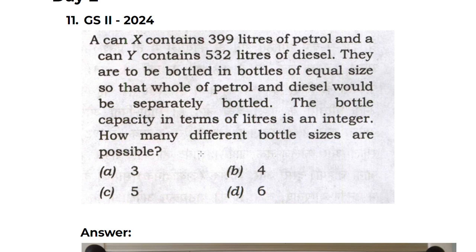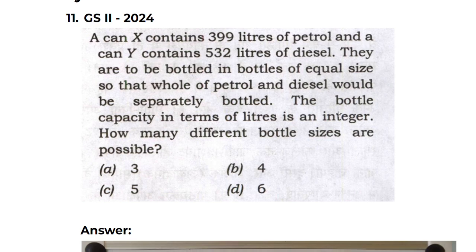So how can you solve this question? There are 399 liters of petrol here and 532 liters of diesel. To find the possible bottle sizes, the first and foremost thing we have to do is find the common divisors of both 399 and 532. That is what you have to find.